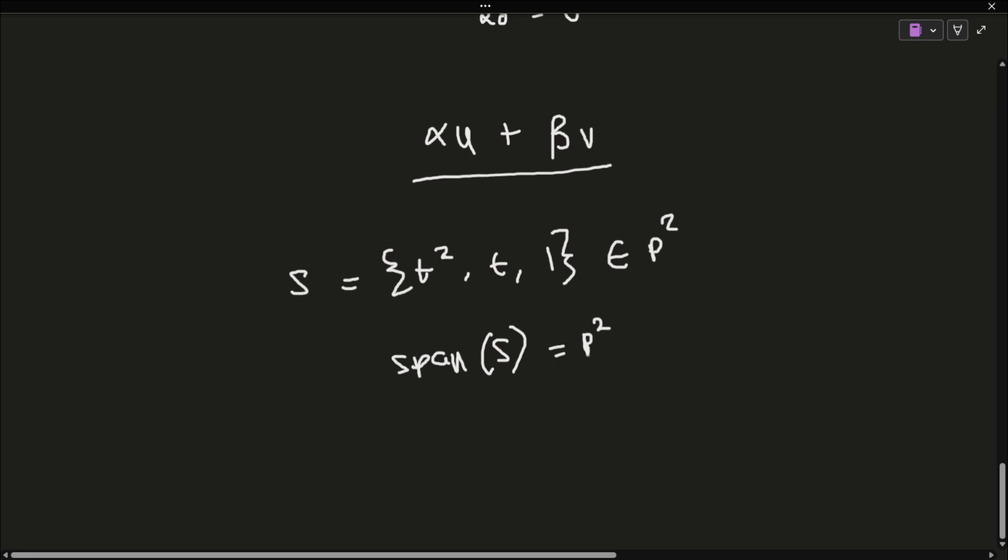It's a bad example, but it shows you that span means all combinations, and you can make any quadratic with this. So it's just going to be all quadratics. Okay?